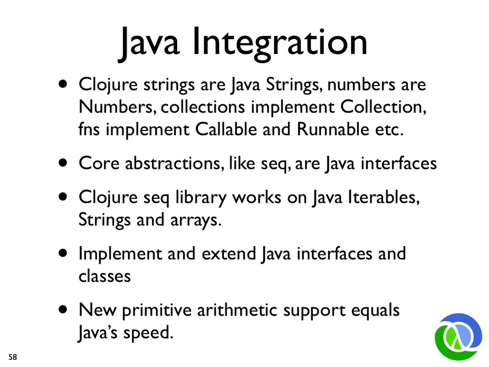In addition, I do support Java primitives as locals. So if you have a core piece of code, your inner loop, where you want to max out the performance, you can make a few little type declarations that say this is an int, this is a long, this is an array of floats, and you'll get the Java primitives that correspond to that. In addition, when you start doing math with those things, you'll get unboxed primitive math.